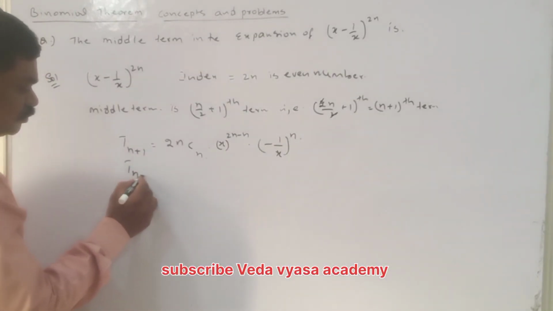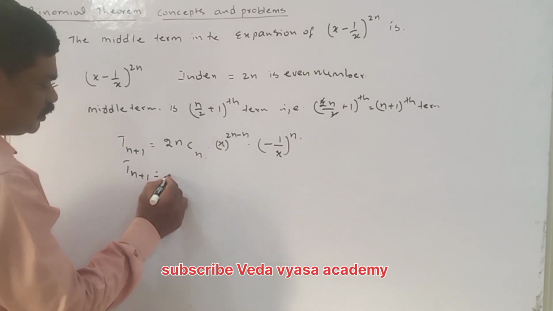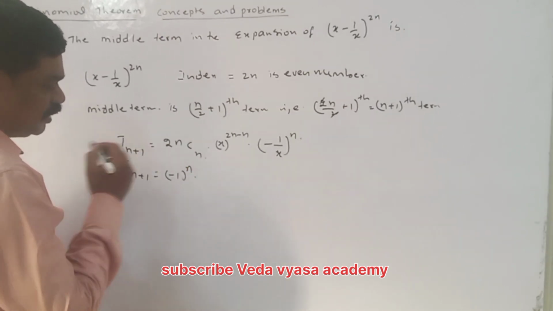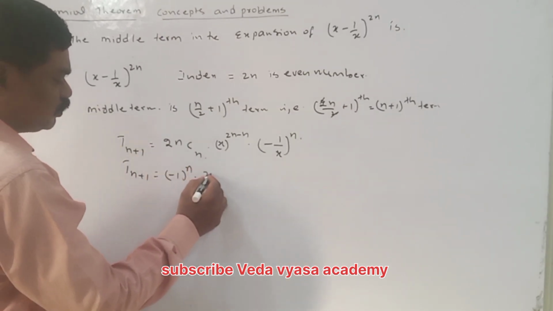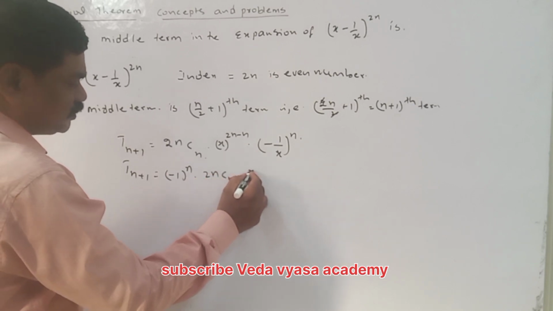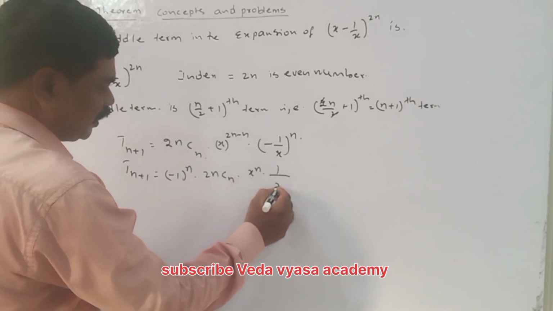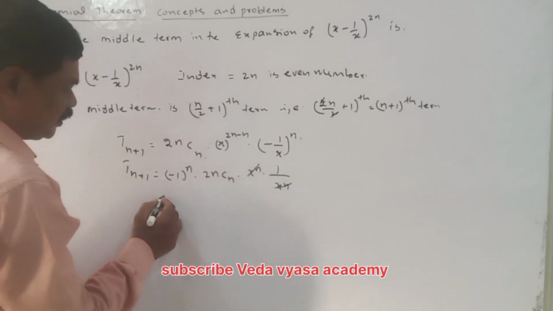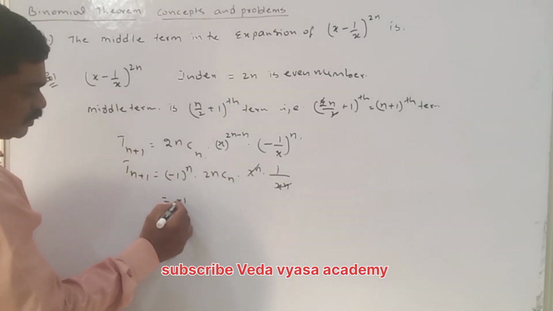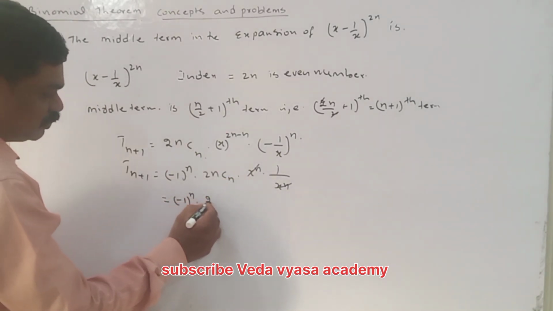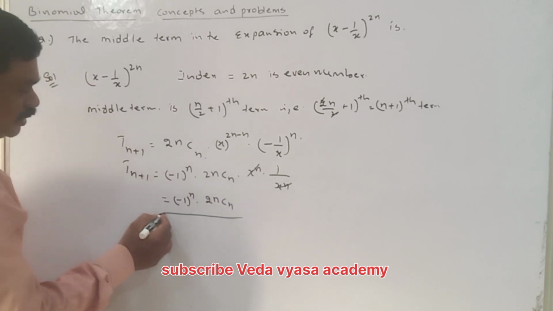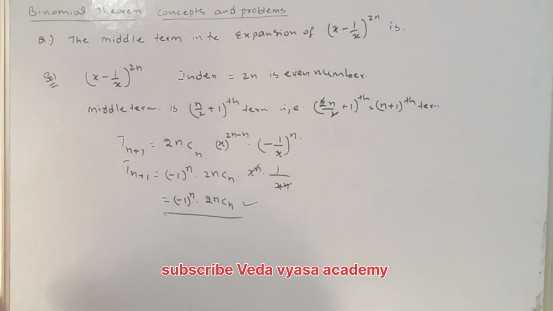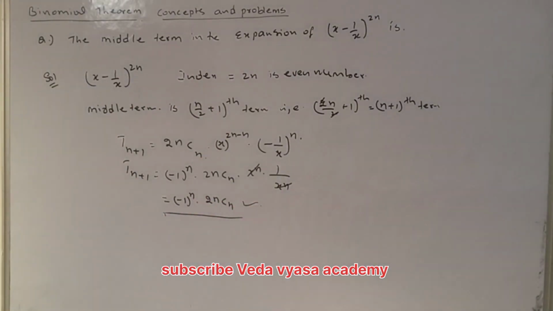T(n+1) is equal to (−1)^n, and also 2nCn x^n (1/x^n). This one cancels, that is (−1)^n into 2nCn, which is the middle term of the given expansion. Okay, all of you. That's all.